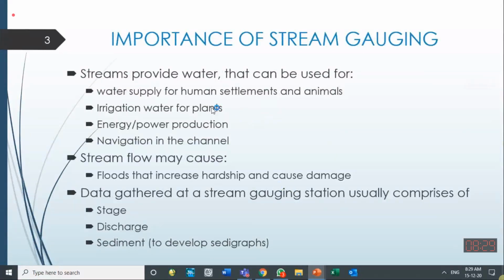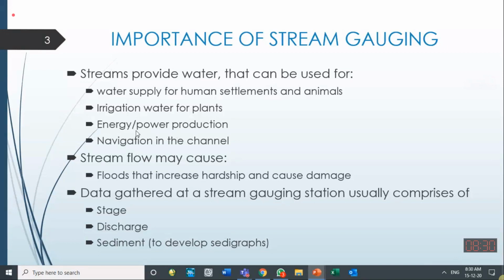Why do we measure? The importance of stream gauging: because we need water for different purposes, and we already know the uses of water, for energy, for irrigation, for navigation. We need water. So quantifying this water and knowing the water levels and the discharge, for using the water efficiently, is a must.